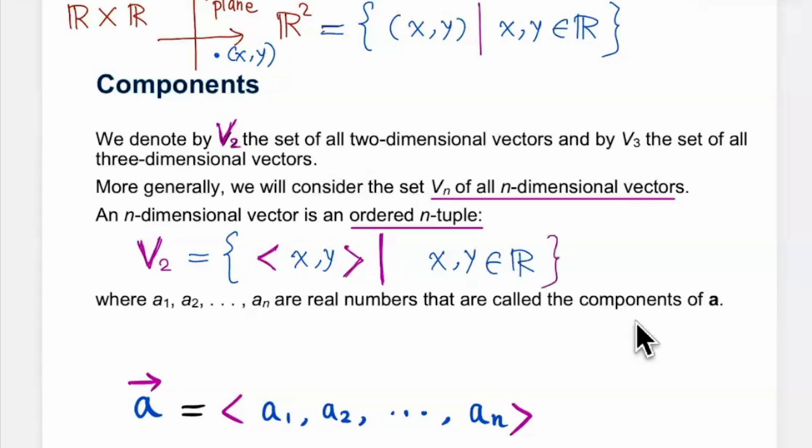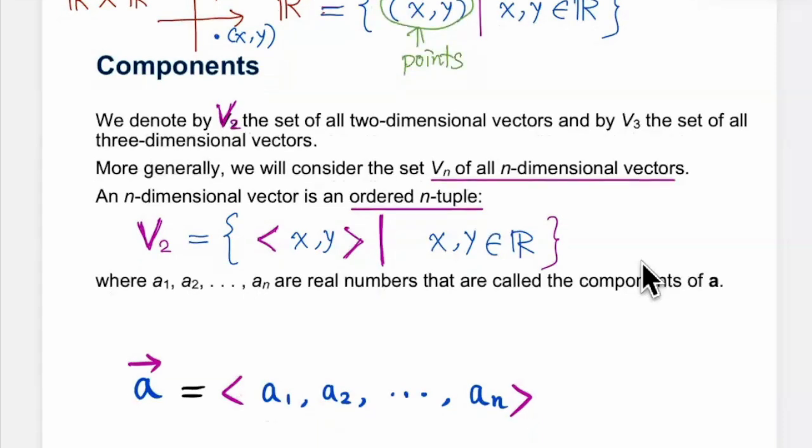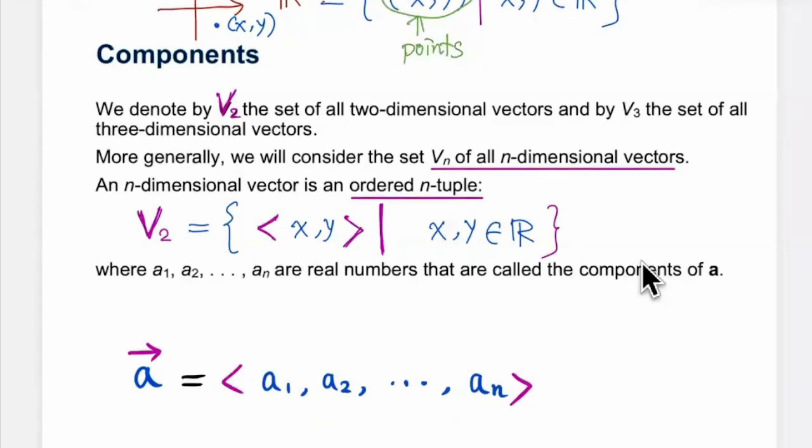So what's the difference between R2 and V2? What are the elements in R2? Those are points, right? And then what about in V2? Those are vectors. So this is a collection of vectors.